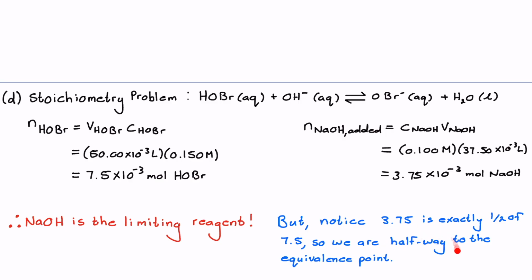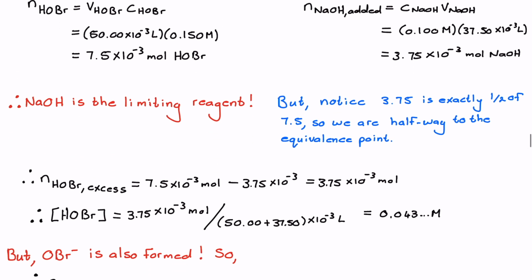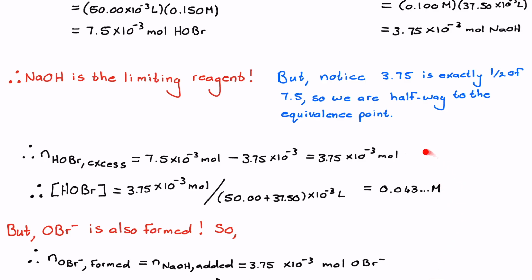It means that we are halfway to the equivalence point, because the equivalence point is where this number of mole added would be equal, and hence both of these two species would be fully consumed. But if we're halfway, meaning half the amount has been added, that halfway point has the effect that the number of mole of our acid and the conjugate base formed are equal.